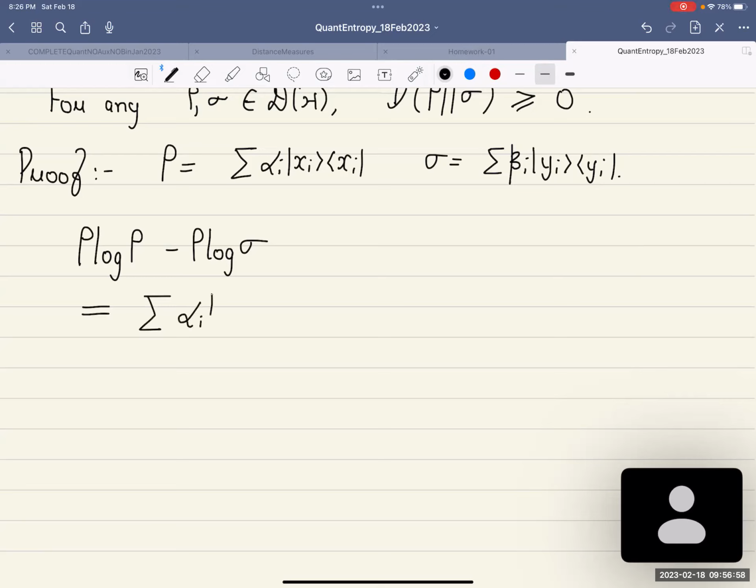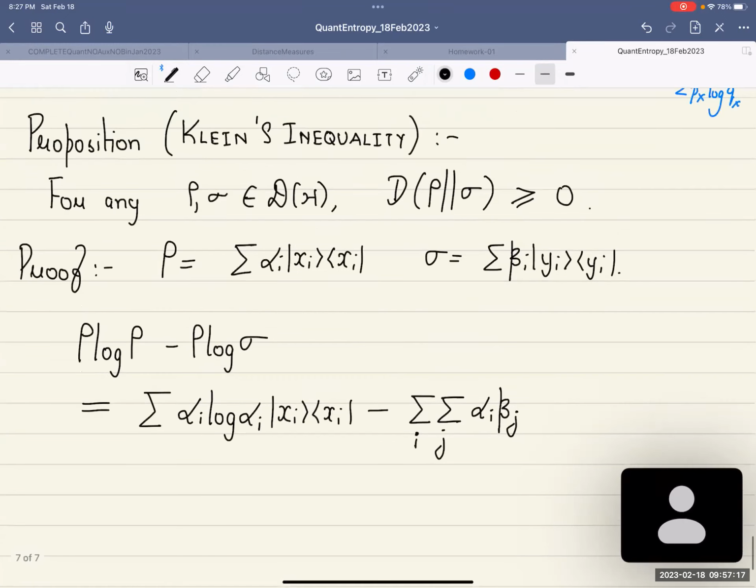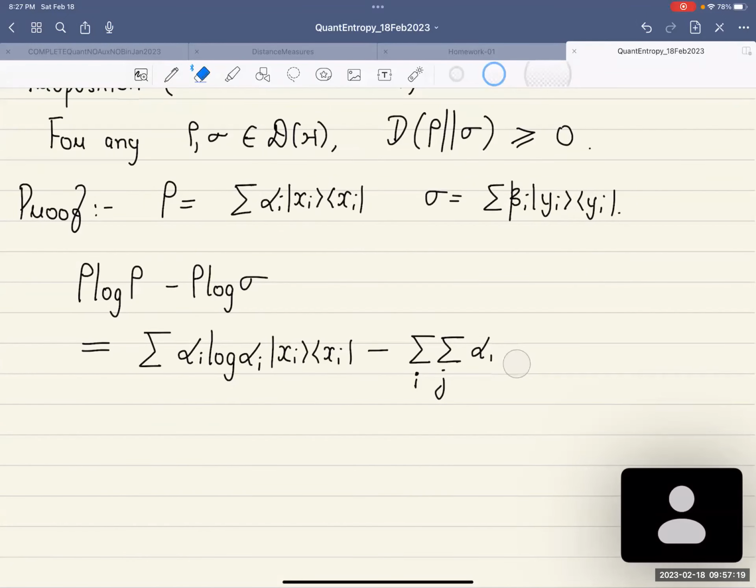So the sum of alpha i log alpha i minus the sum over i, j of alpha i, log beta j, times |xi yj|.